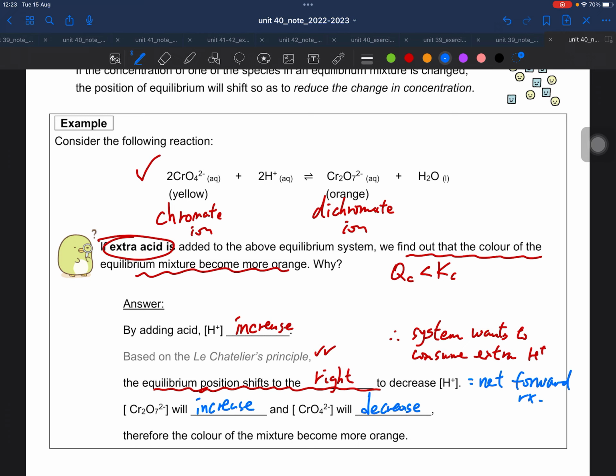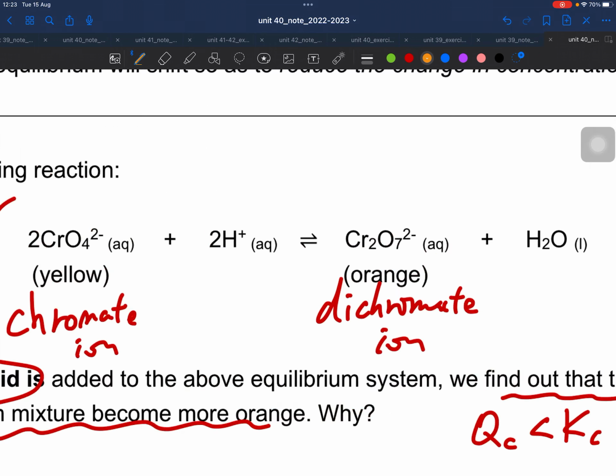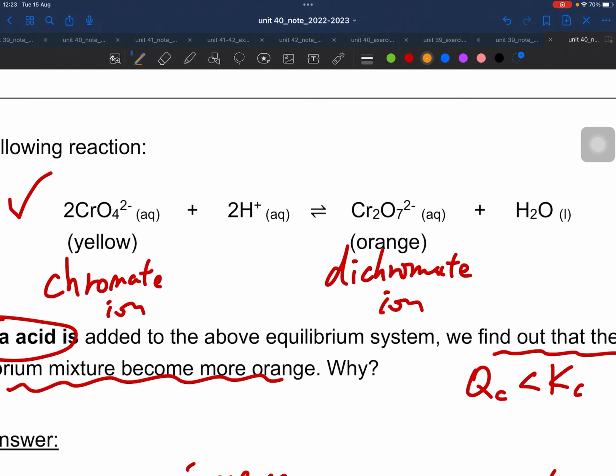Now here I introduce a good method for you, a pictorial method. This is what I learned when I was a student. Focus on our equation. If extra acid is added, I use an arrow pointing up. This is extra acid, right? So if extra acid is added, then the reactant side will be higher. Just imagine this is a mountain.